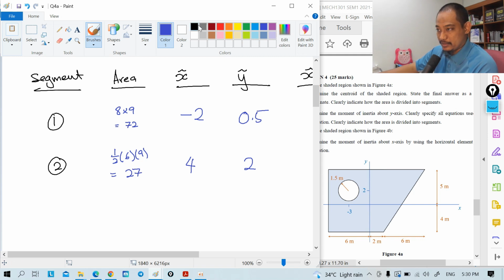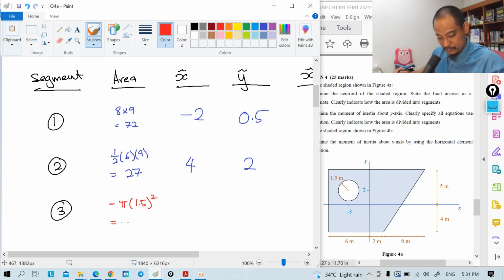Next is segment 3, which is the hollow circle. Let me use this one because it's negative. So the area is negative area, pi r squared, pi times 1.5 squared.